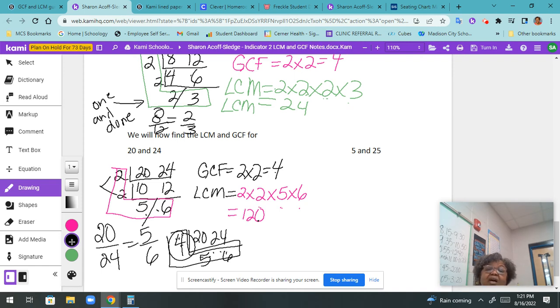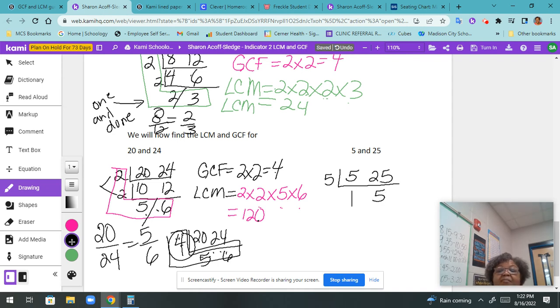And when I work these, y'all, I will do the smallest number just to emphasize the process. So here's our last one for the notes. We have 5 and 25. They both end in 5, so they are divisible by 5. So now you see why we did the divisibility rules. 5 goes into 5 one time. 5 goes into 25 5 times.